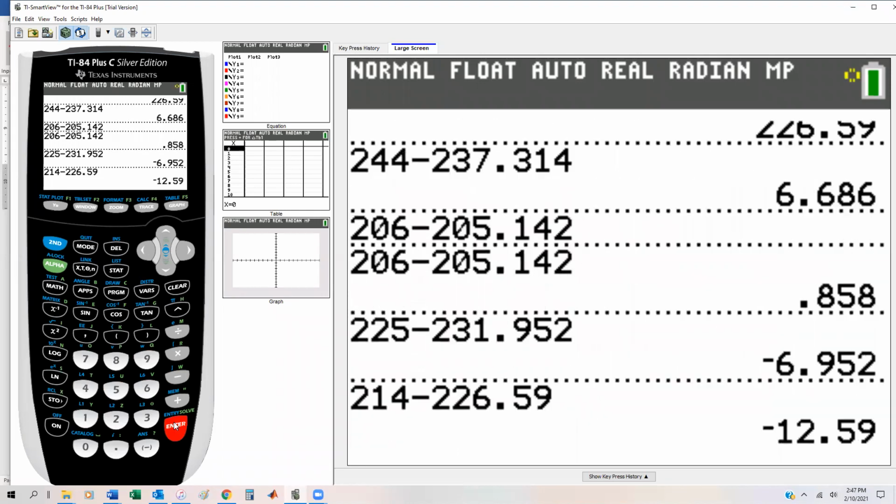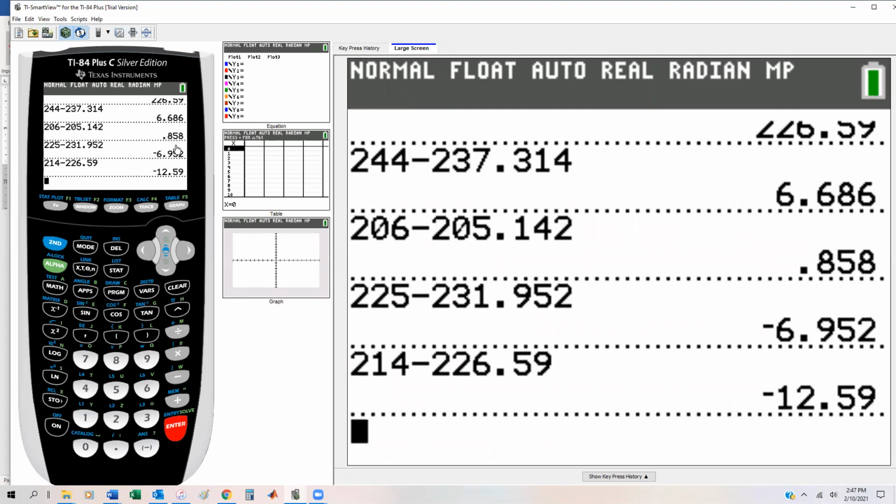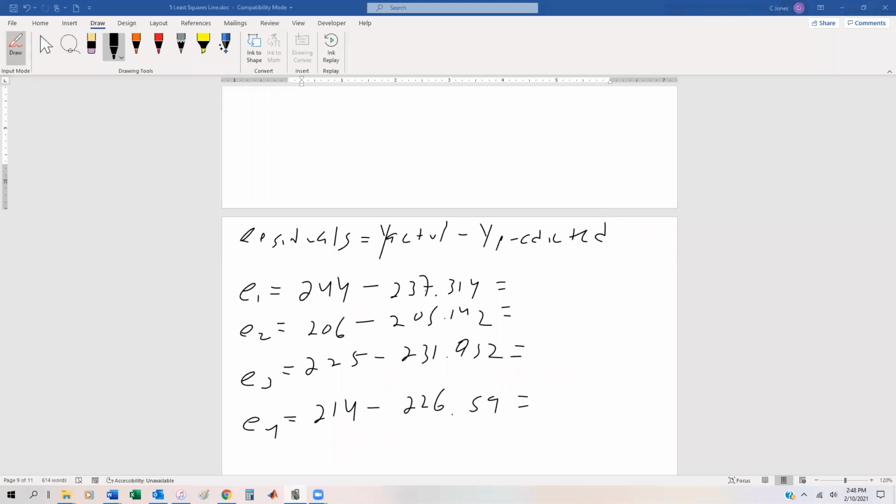All right, so here's all of our numbers for the residuals. And let's go ahead and substitute those back in for our actual data. So our residuals are going to be 6.686, and then 0.858, and then negative 6.952, and then finally negative 12.59.